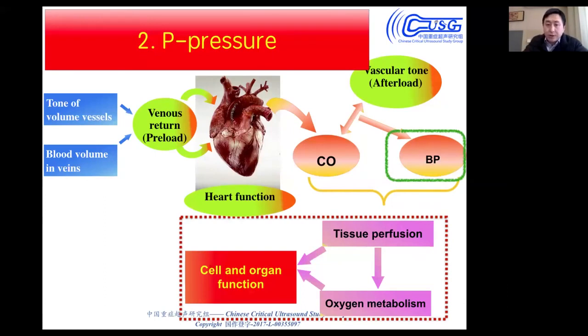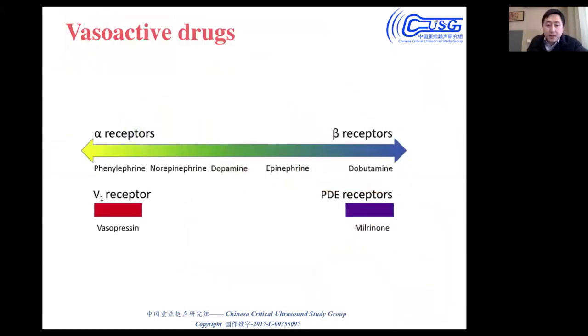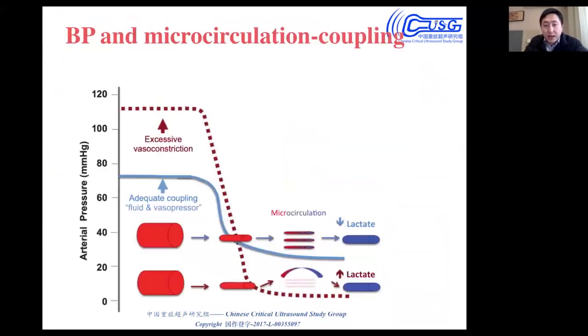We use vasoactive drugs to increase the pressure and to fulfill the perfusion of the tissue. And as we are all very familiar with the drugs, we do not spend much time on them at this moment.